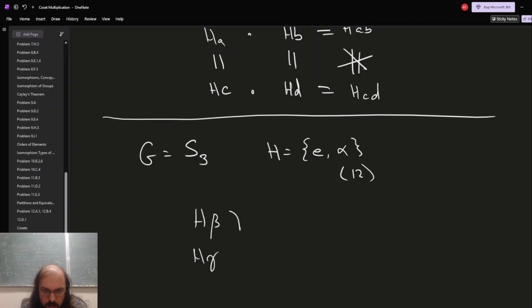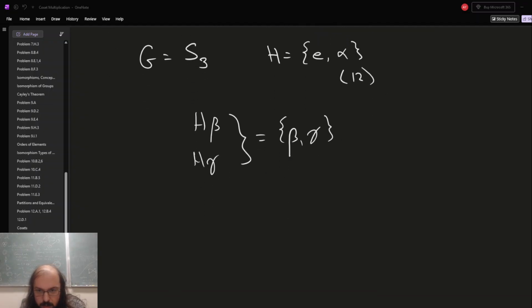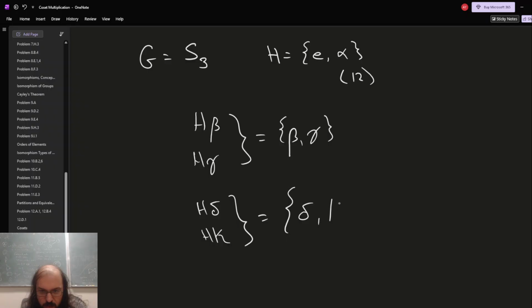And both of these things, I'll let you pause the video and check, are equal to the sets of beta and gamma. Whereas H delta and H kappa are the sets of delta and kappa.